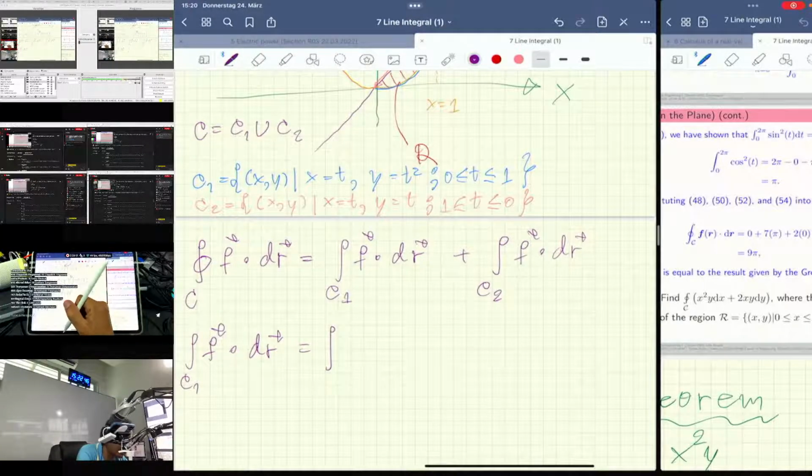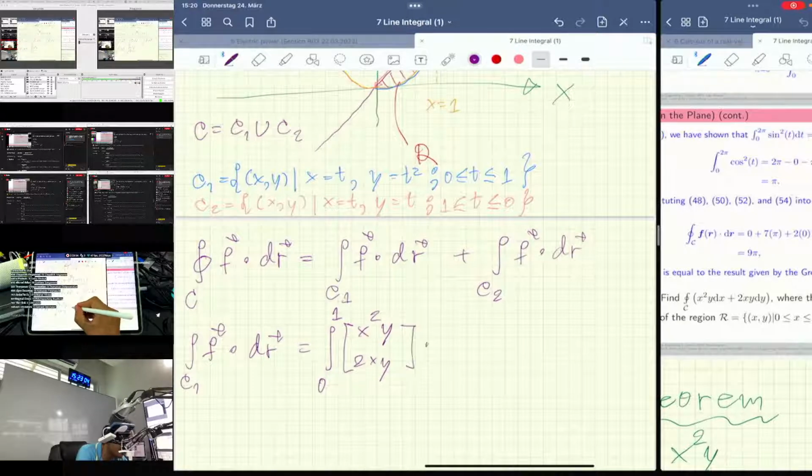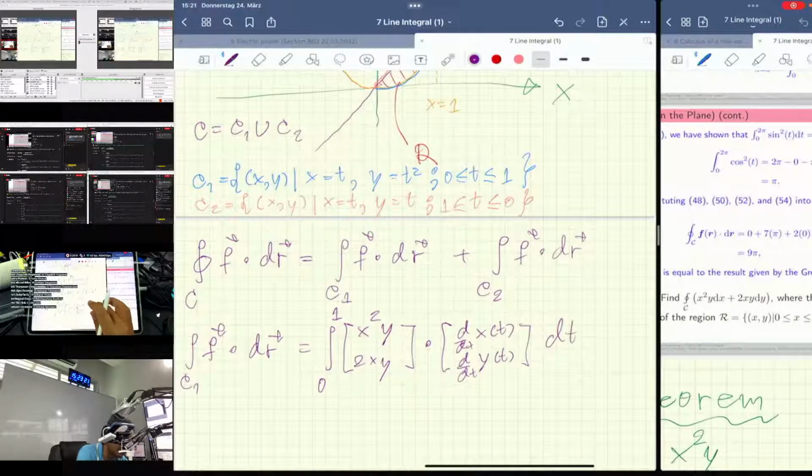Its integration along the contour C1 from 0 to 1 of the vector function, which is x squared y and 2xy, dot d by dt of x(t), d by dt of y(t), dt.